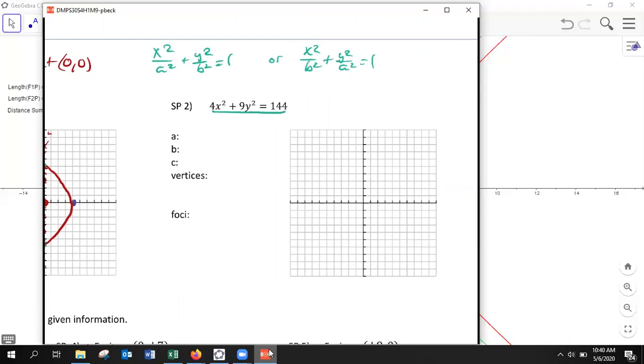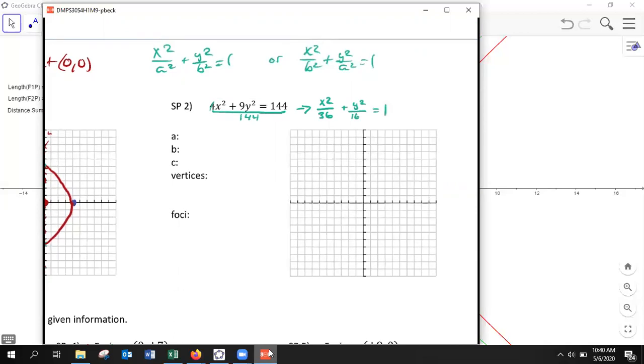So let's go ahead and divide everything by 144. And if we divide by 144, we will get x squared over 36, because 4 goes into 144 36 times, plus y squared over, how many times does 9 go into 144? That would be 16, equals 1.